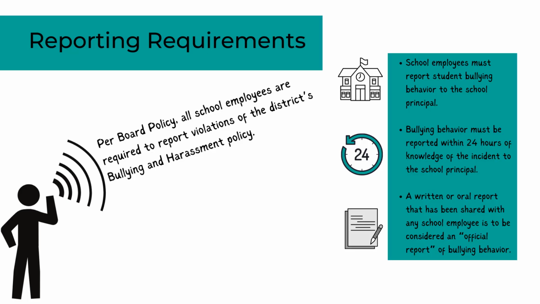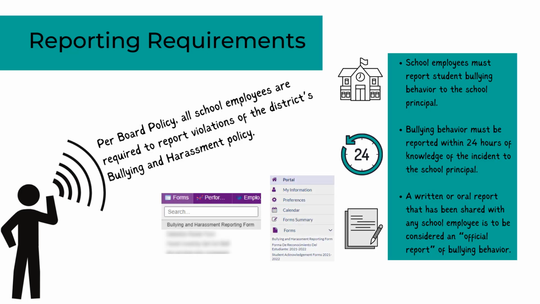This form can be submitted by students, parents, and all staff members. The bullying report is automatically sent to the school principal. As you can see, the Bullying and Harassment Reporting Form can be found underneath the Forms tab in Focus. This applies for all staff members as well as our students and our parents.